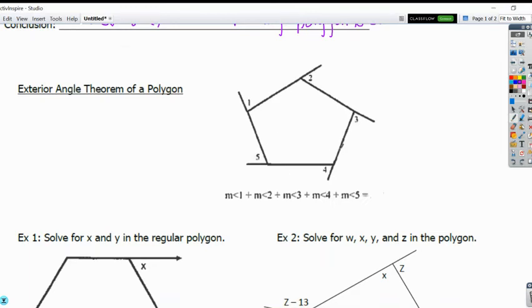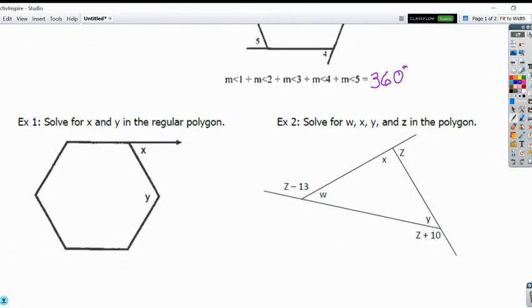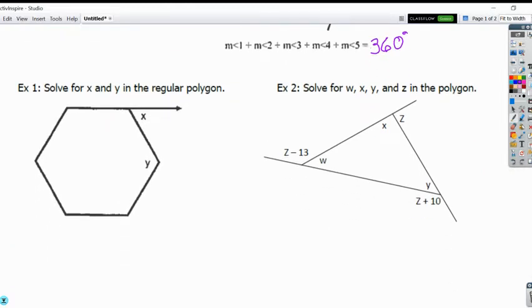For any polygon, when you extend those exterior angles in one direction, right? So if you notice, all of these would go the same direction, kind of like if you're picturing a water wheel or a windmill. All of the exterior angles extend in the same direction. But when you do that, their sum will always be 360 degrees. Let's go ahead and use this rule and try to solve some problems.